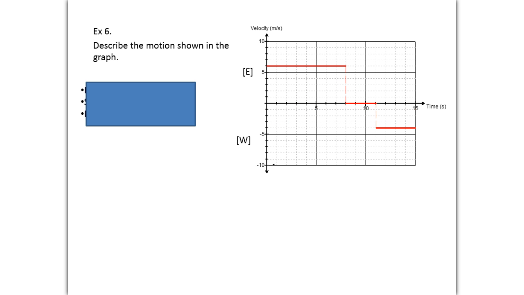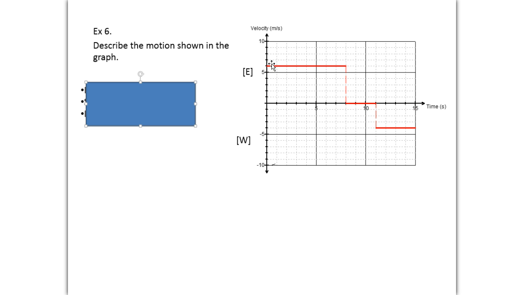Example 6, describe the motion shown below. So again, take a moment and do that question on your own, then we'll come back to it. Okay. So, you went through it and did it yourself. First thing to look at here, the object is east.